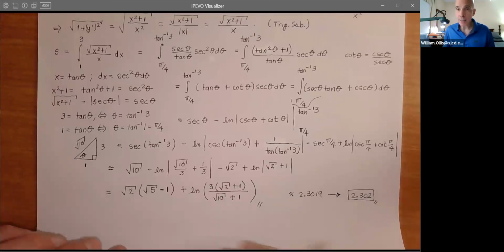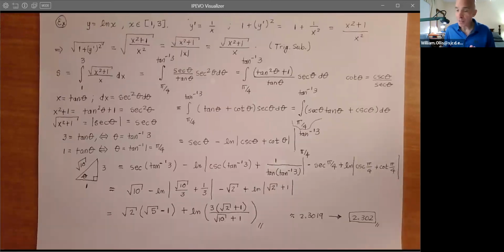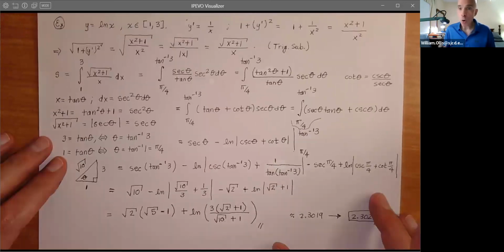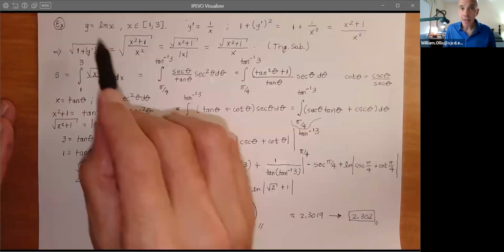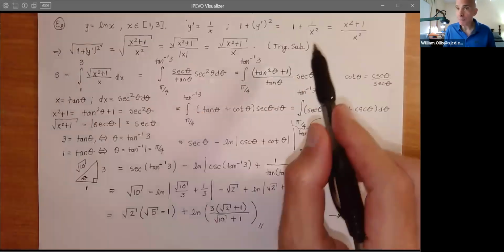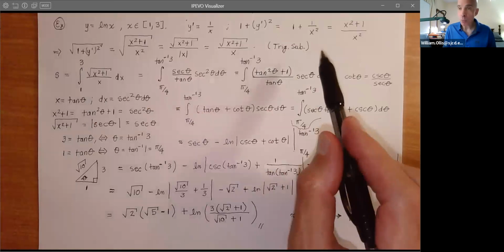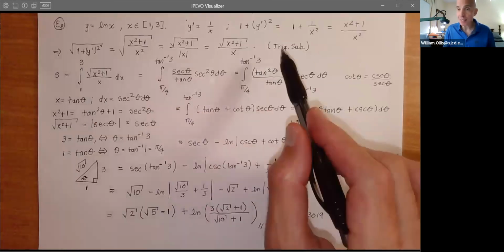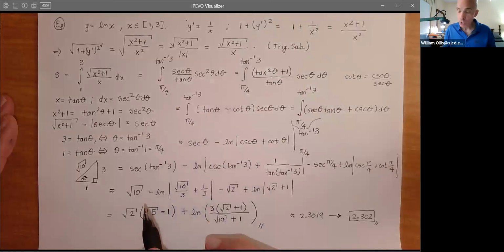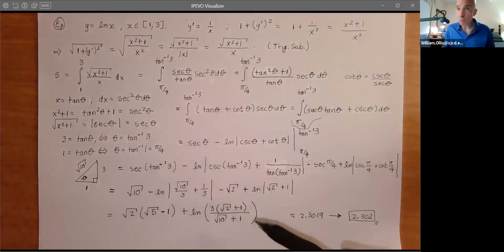So again, the important thing here is we go back to a topic that we learned at the beginning of the class where we were limited as to the techniques of integration. And so every part of this problem is Cal 1 and pre-cal.